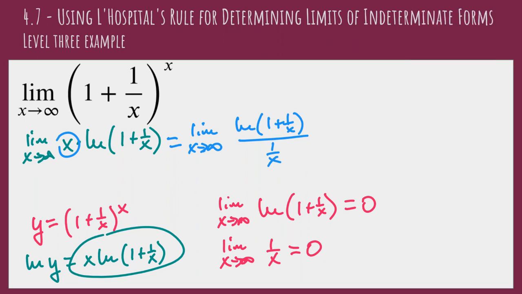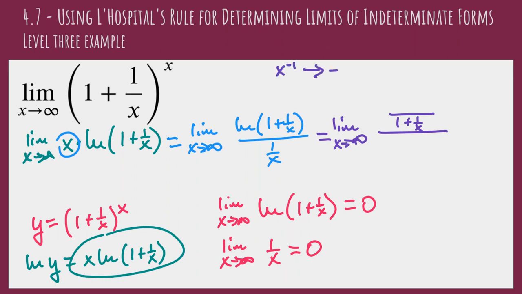So applying that, we still have x approaching infinity. The derivative of our numerator here is going to be, remember, the derivative of natural log is 1 over this expression, but then we have to multiply by the derivative of that. Think of the 1 over x as x to the negative 1.